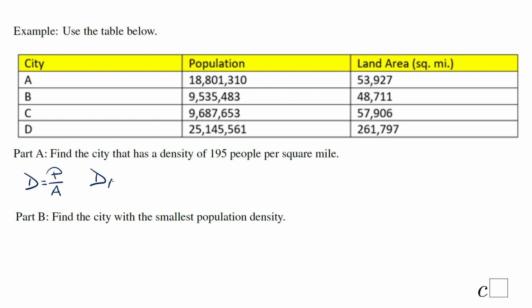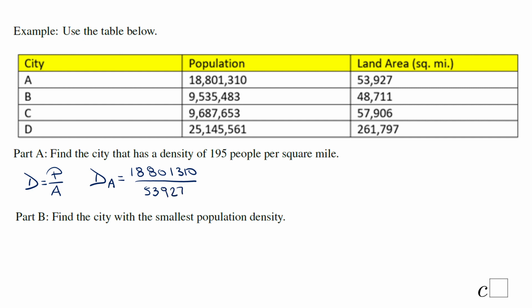The density of city A will be 18,801,310 over 53,927.